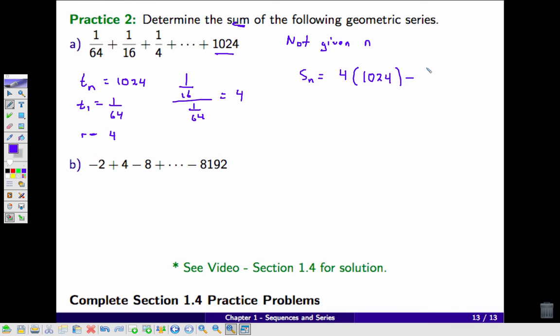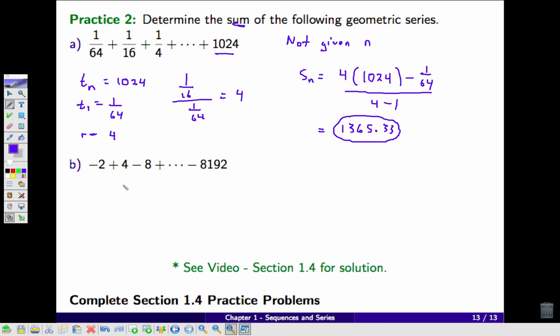We then subtract 1 over 64, which is T1, and you're going to divide that all by r minus 1. When you compute this, you're going to be left with 1,365.33. So as long as you decide on the right formula, this is a very easy section.